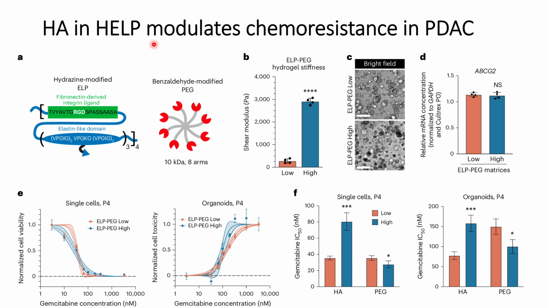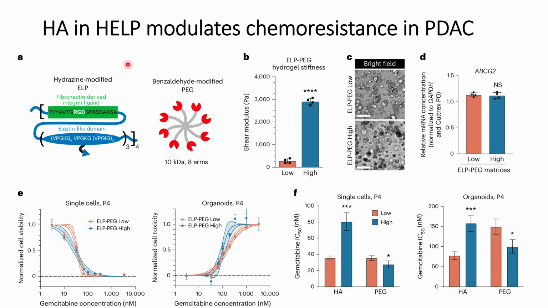In the ELP there is a domain, the RGD domain, that helps in interactions with the integrin and CD44, which results in mechanosignaling. So they hypothesized that this domain might be playing a role towards mechanosignaling in these pancreatic cancer cells.